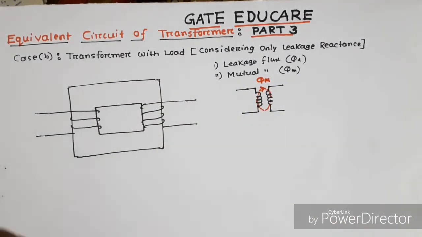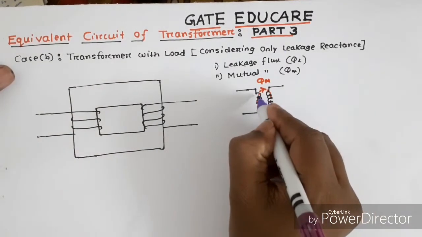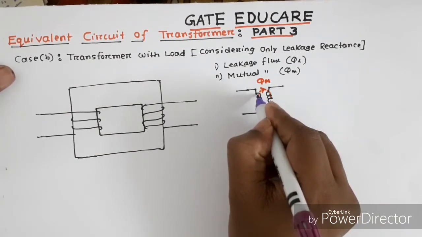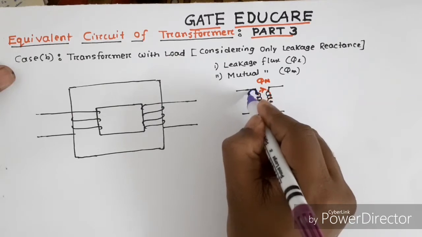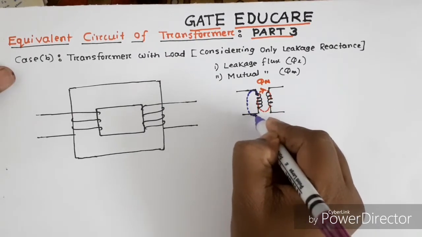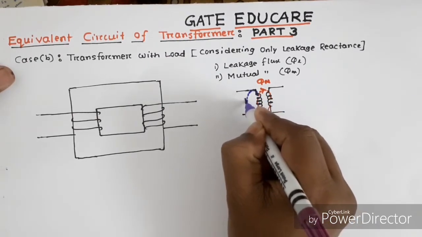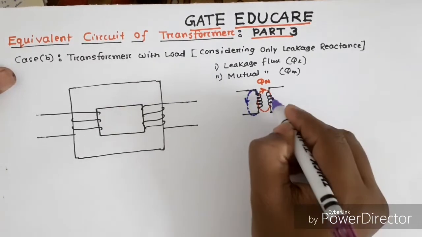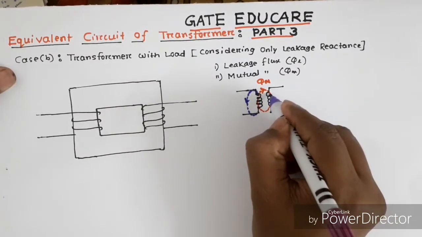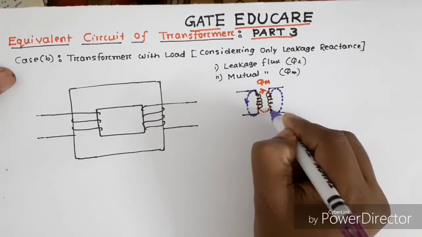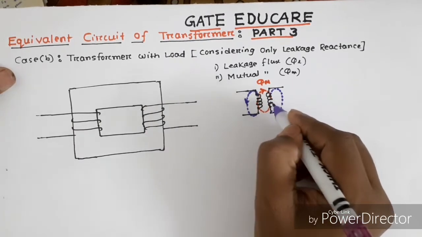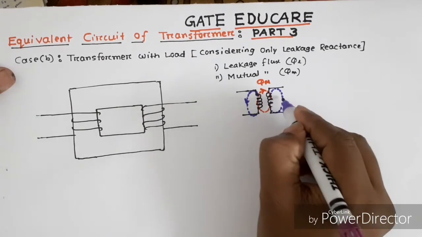Now, some amount of flux which comes outside from the primary winding goes to the air and returns back to the primary winding again. Again, some of the flux which comes from the secondary winding goes to the air and returns back to the secondary winding but not the primary winding.